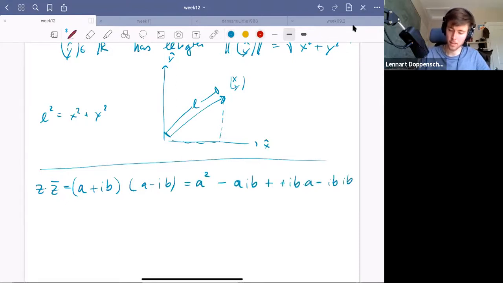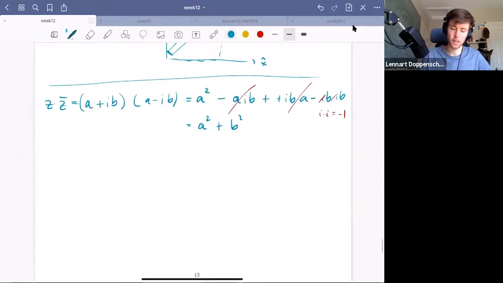You can see the aib cancels with the iba, and so we get a squared plus b squared, because we can also cancel the i times i for a minus 1, and then the minus is a plus.